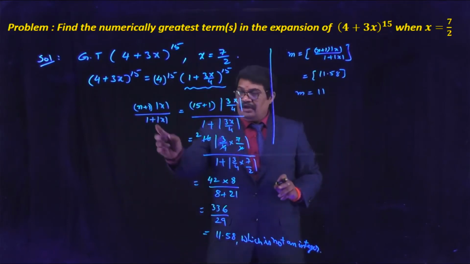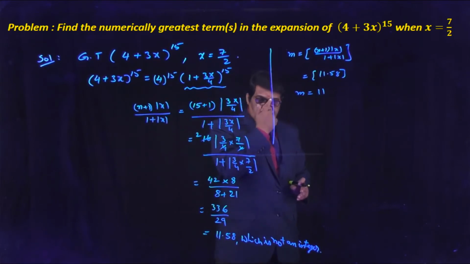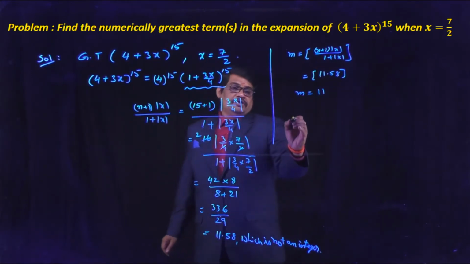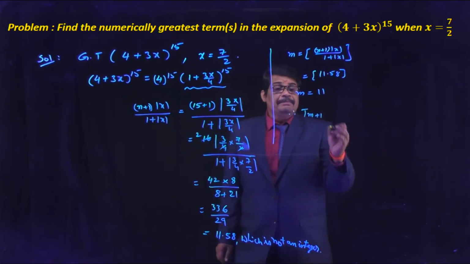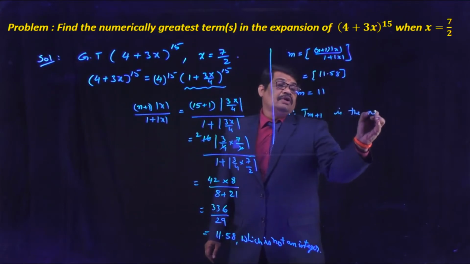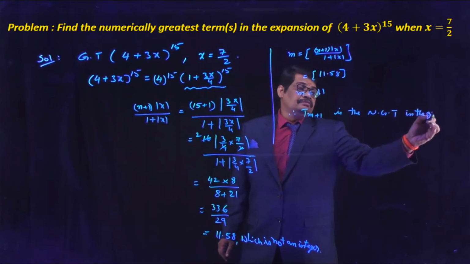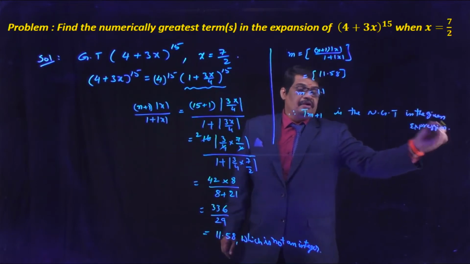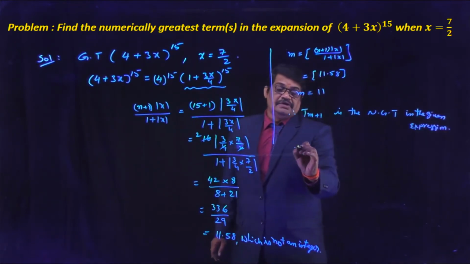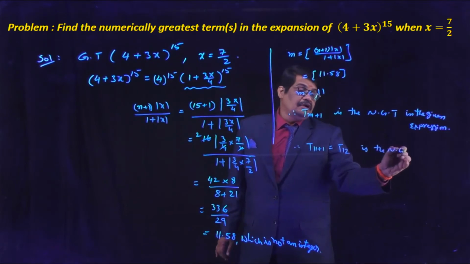If this value is not an integer, T(m+1) is the numerically greatest term. So T(m+1) is the numerically greatest term in the given expression. That is, m is 11, so T12 is the numerically greatest term.